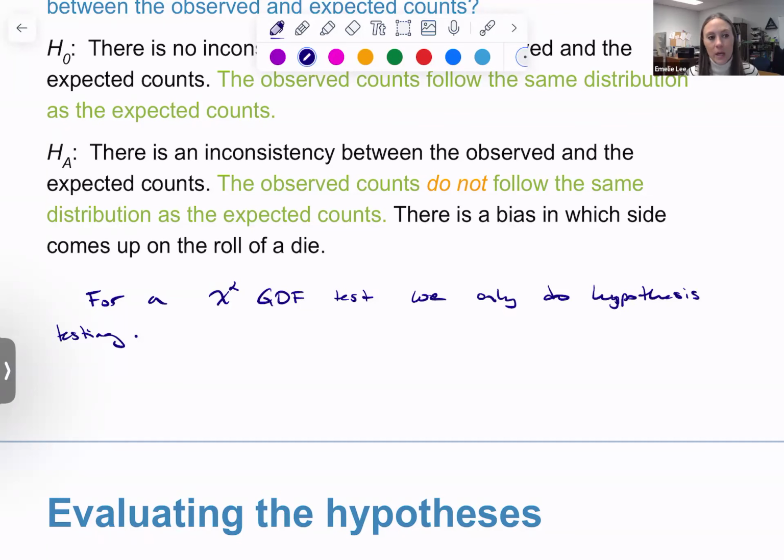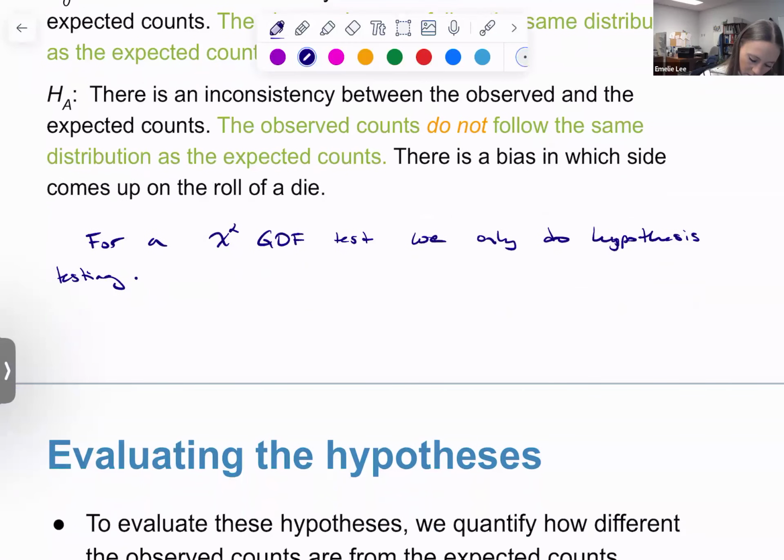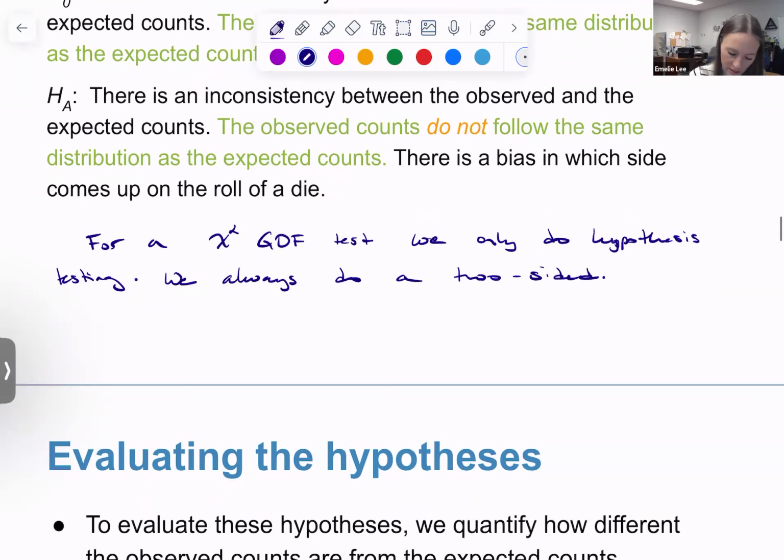That's nice. In fact, we always do a two-sided test. As long as you remember that, that's fine, right? And so here, this makes it a two-sided test, right?